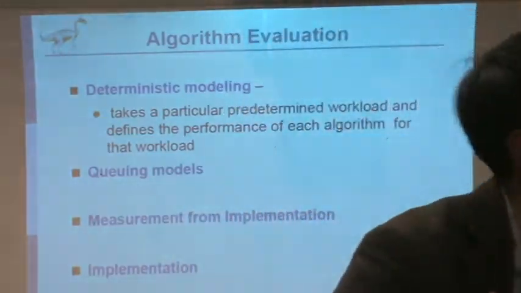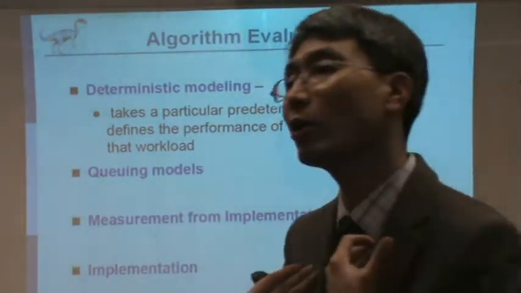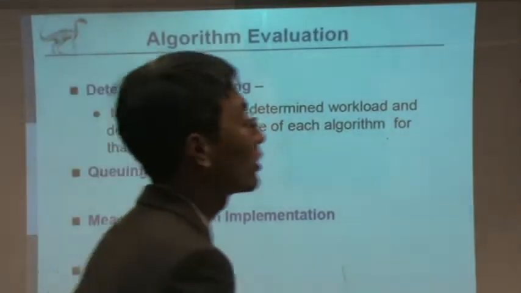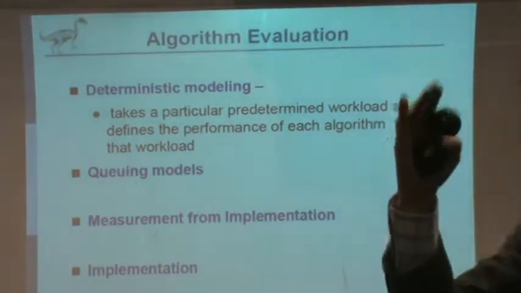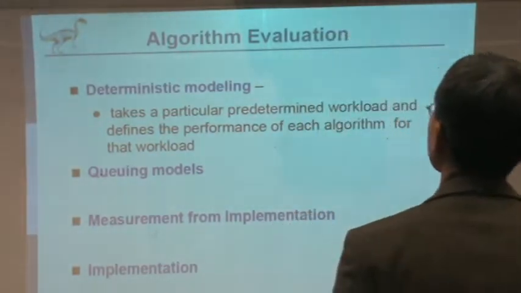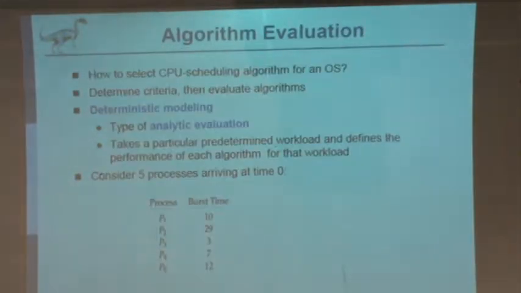Then my new algorithm: if it provides less waiting time, mine is better. Just like that. By applying the same deterministic model, deterministic means it's fixed. There is a ground truth, the fixture is not variable, so we can evaluate the algorithm.